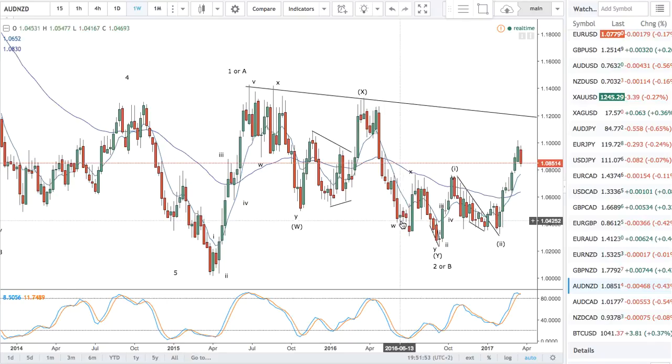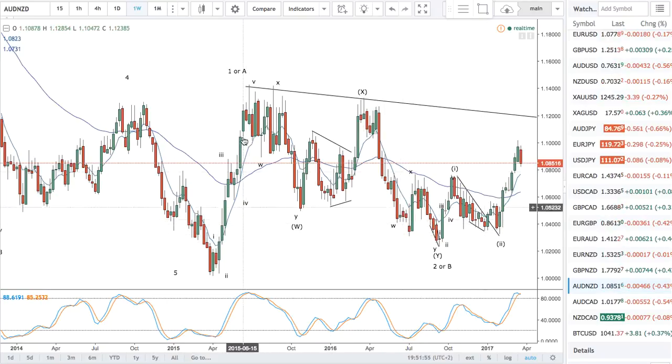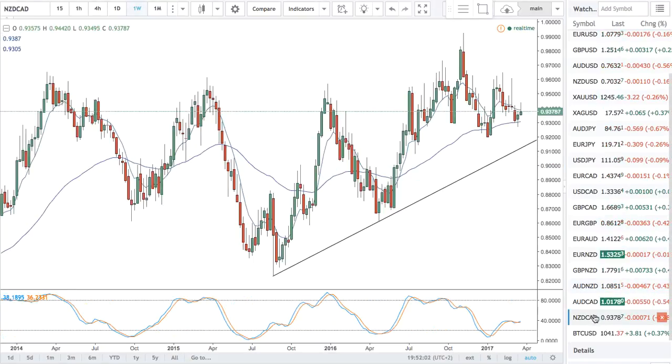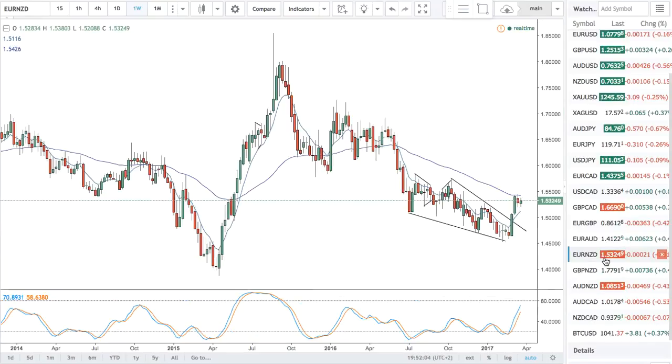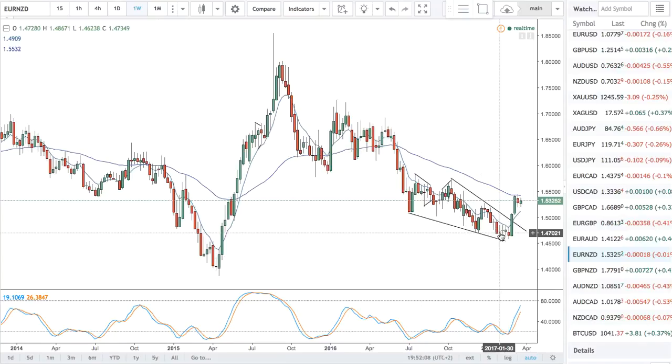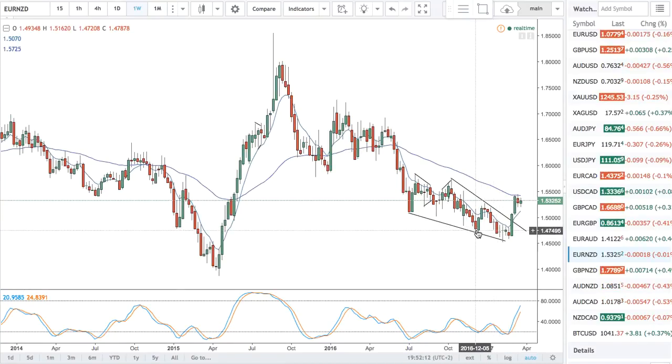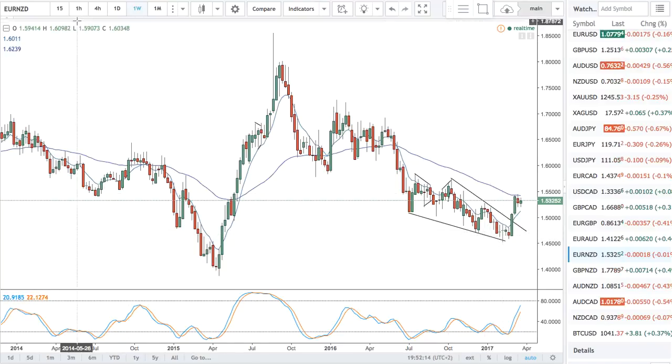And that is because price had reached an extreme level following an impulse, which was the foundation for the view. Same with Euro New Zealand. Within this wedge, this ending diagonal, there was only one view. There was a view here in December that it may be ending. There was another view here when it did end.